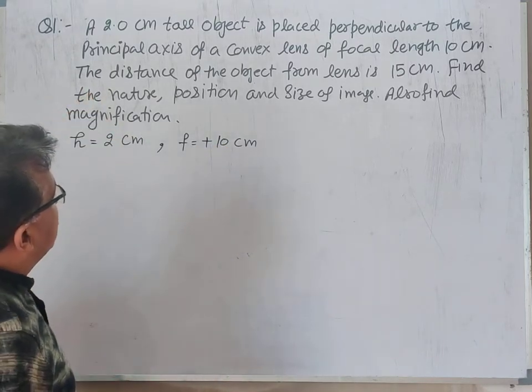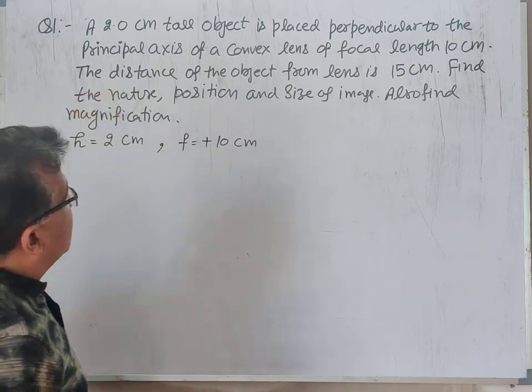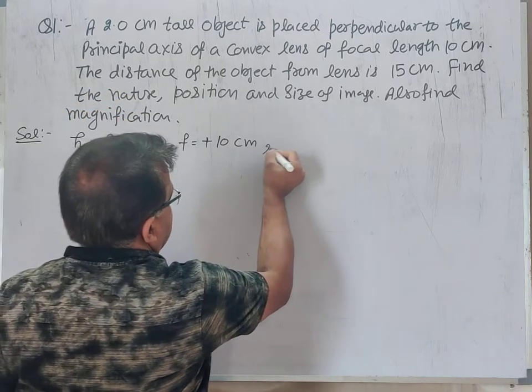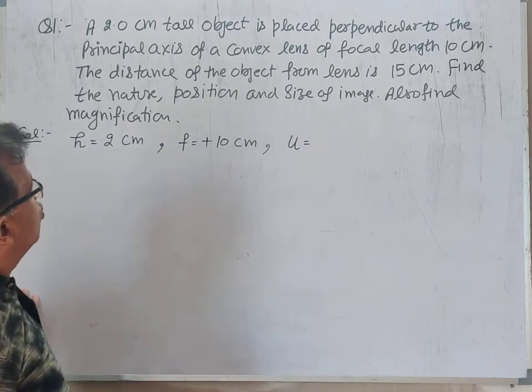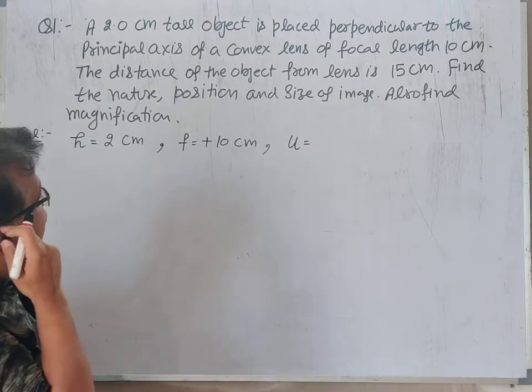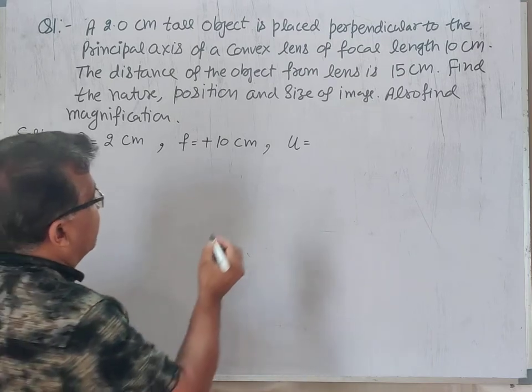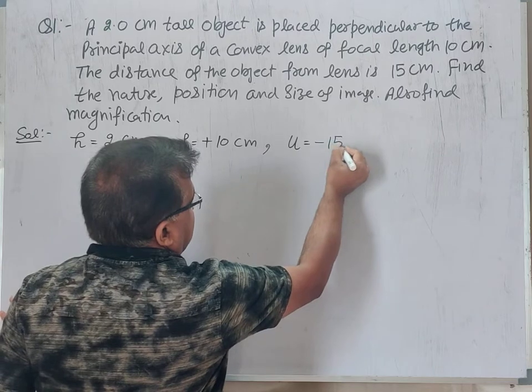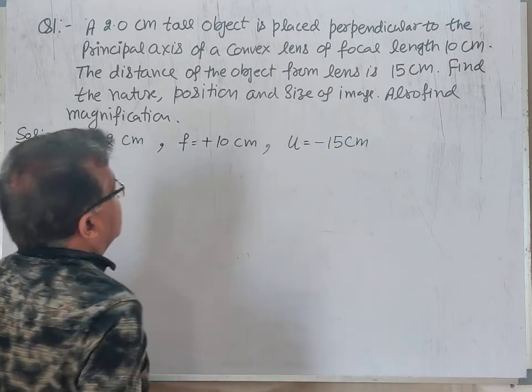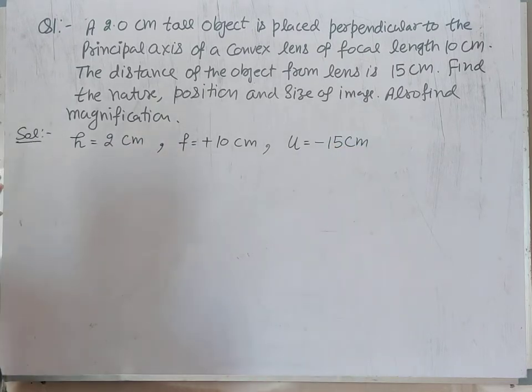The distance of the object from the lens is 15 centimeter. Distance of the object is represented by u, and we know that distance of the object is always negative, so u is minus 15 centimeter. What do we have to find?